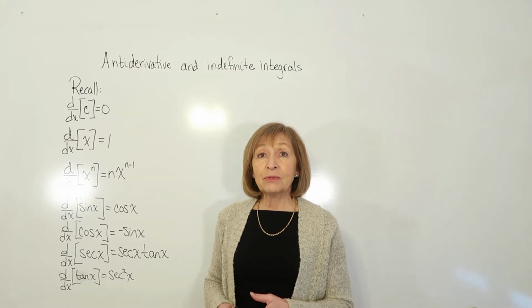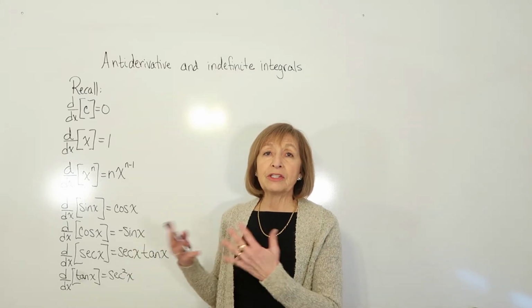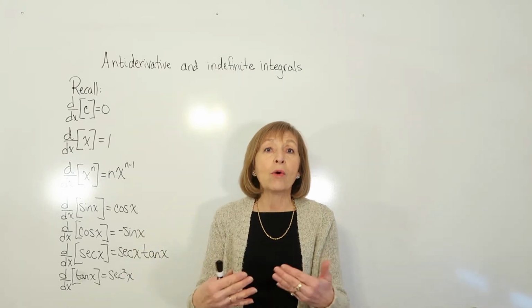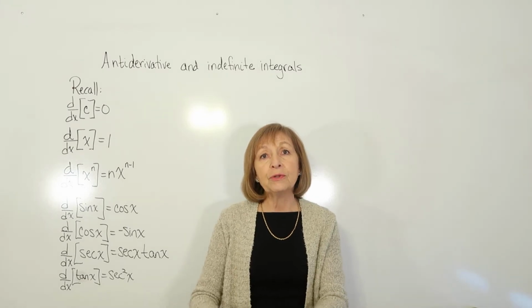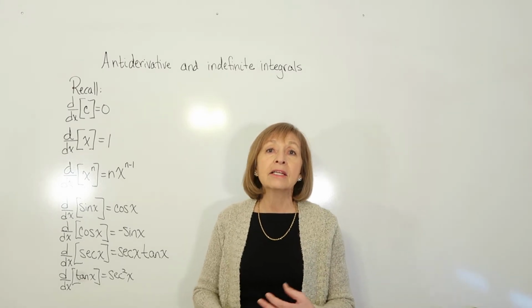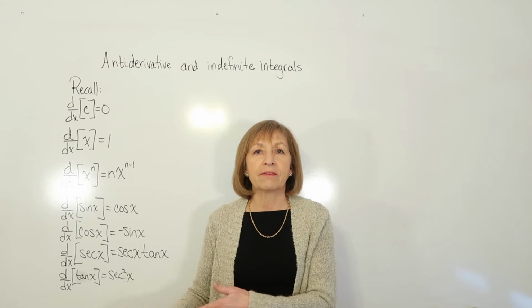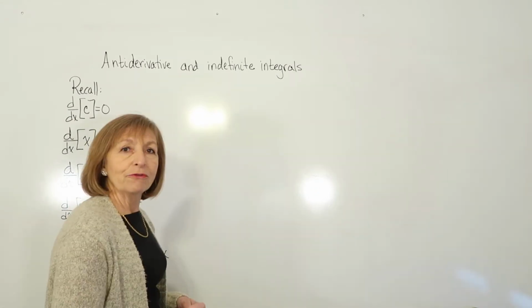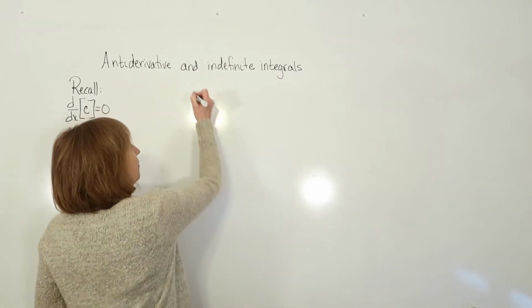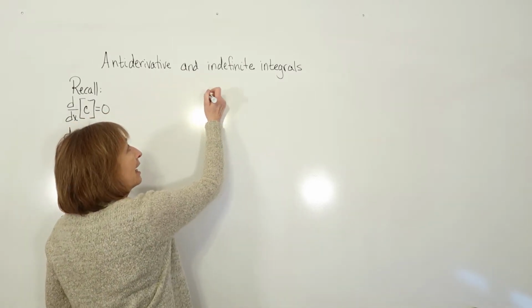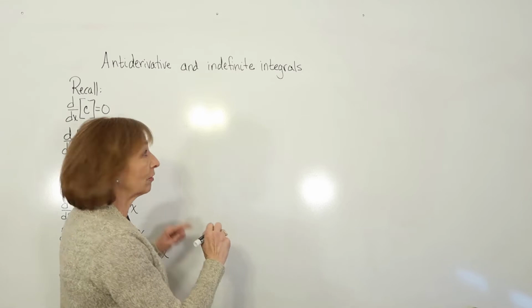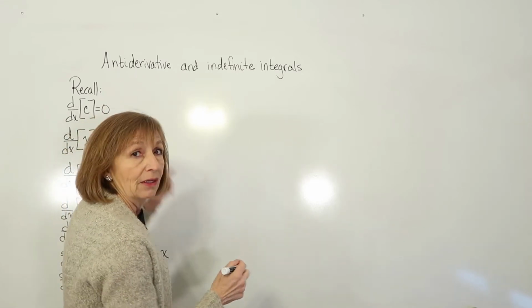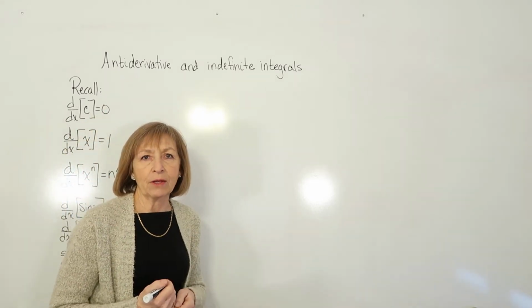So what I'd like to do is just start with those and then show the notation of how a question is presented to you, asking you to do this antiderivative process or find this indefinite integral, and then we'll list a few more. So first let's look at what if they're asking me to find the antiderivative or the indefinite integral of 0. Well, how are they going to ask us that question?